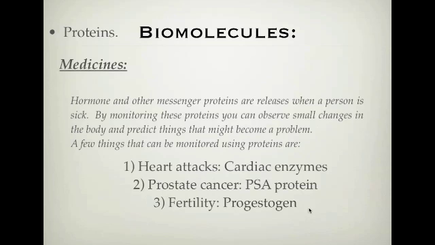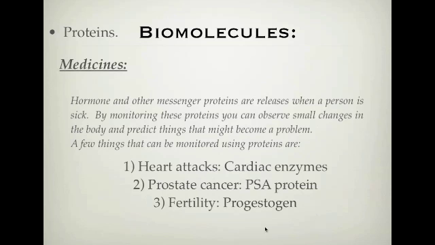So if you have varying amounts of progesterone, we can monitor that and see, and we can then try and counteract that by either giving someone this protein or looking at if there's too much, what we can do about that as well.